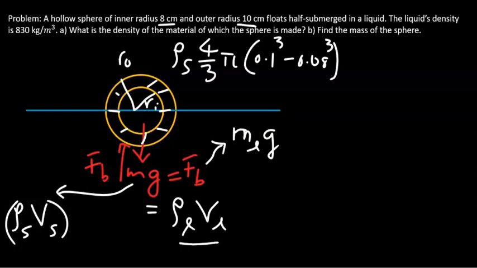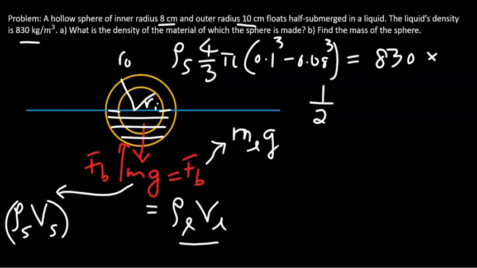Now the right hand side, the density of the liquid is given as 830 kg per cubic meter. The volume of the liquid displaced is due to this entire part of that sphere, and since half of it is submerged, that volume is given by half of 4/3 pi 0.1 cubed, because that is the outer radius cubed.